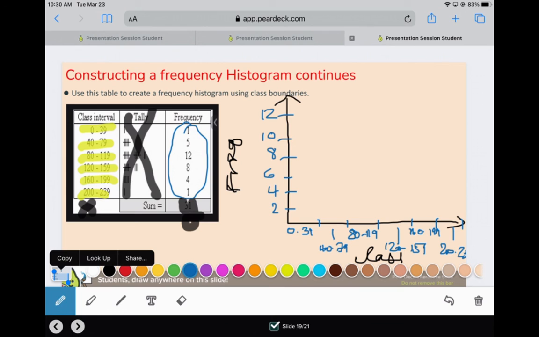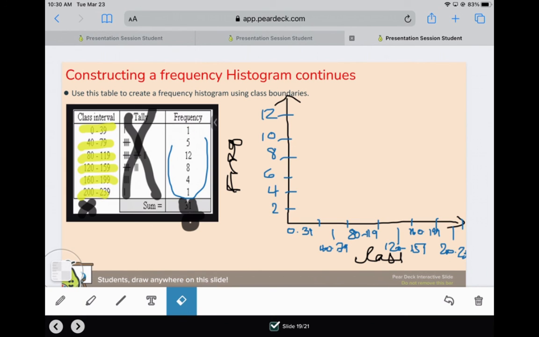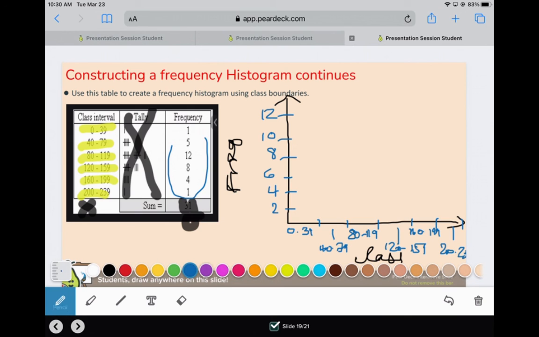Okay. So now what I can do is I'm going to go back and look at each frequency. So the first class is 1. So this is for the ones who don't like to bubble in the bar. You can just draw that bar. And then the second class is 5.